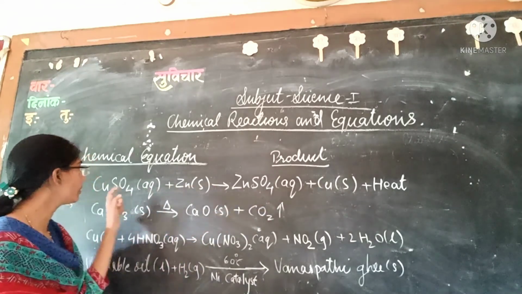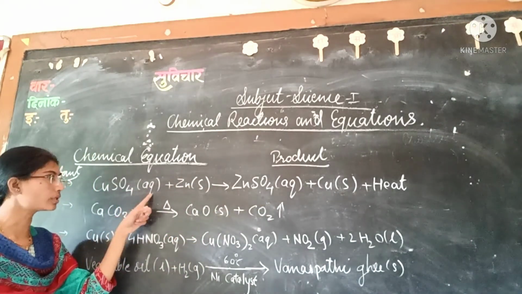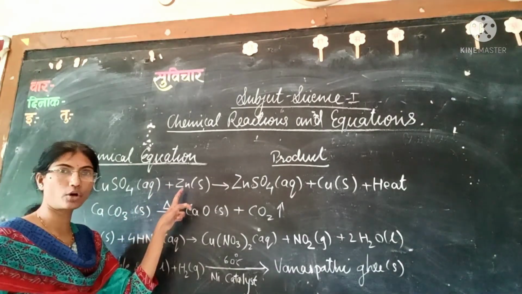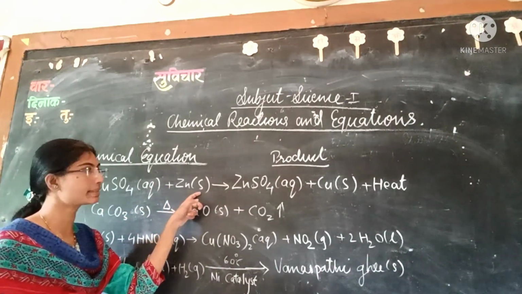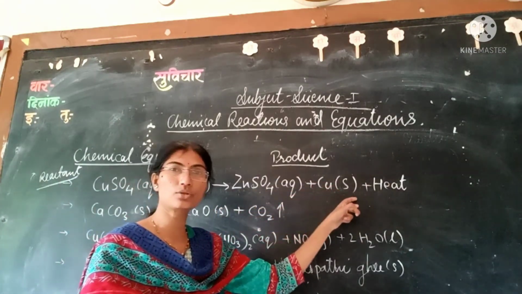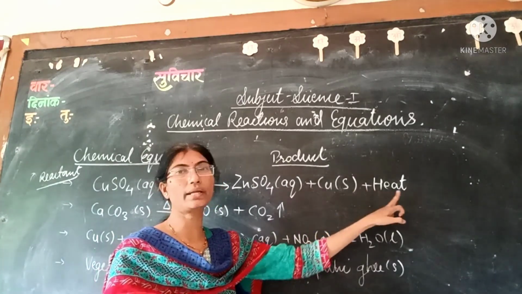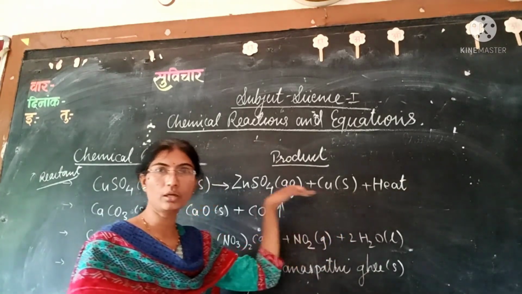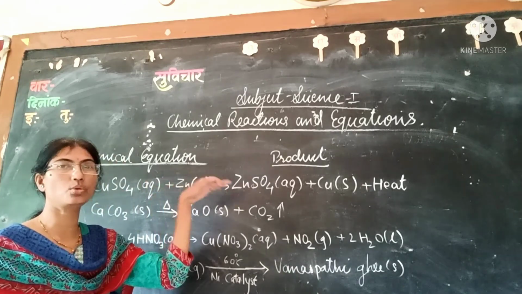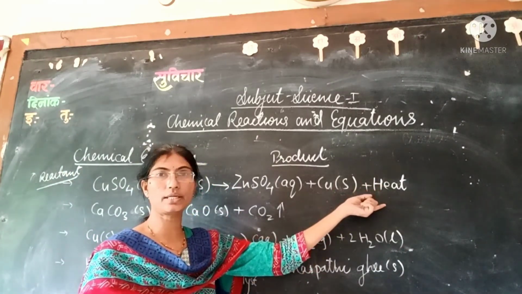For example, copper sulfate is in aqueous form, so we write aqueous. Zinc is in solid form, so we write S in a bracket. Then the aqueous solution is formed again, and here copper is solid. And if heat is liberated, then we also write the heat. In this way, from the chemical reaction we come to know whether heat is absorbed or released. In this chemical reaction, heat is released.